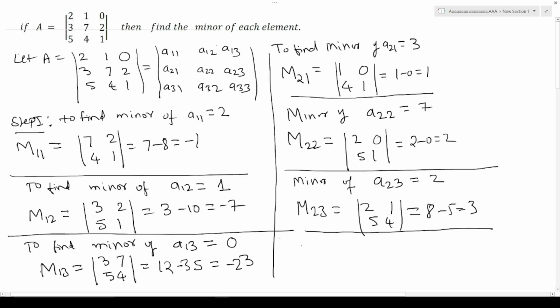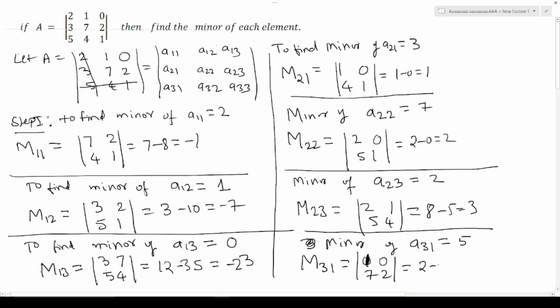After that, to find the minor of A31, that is 5. That is given by M31. For that, I omit third row and first column. What are left now? [[1,0],[7,2]] equals 2 minus 0 equals 2.